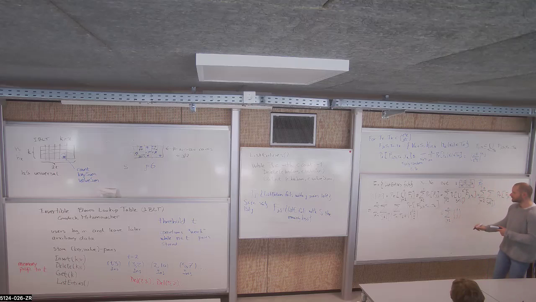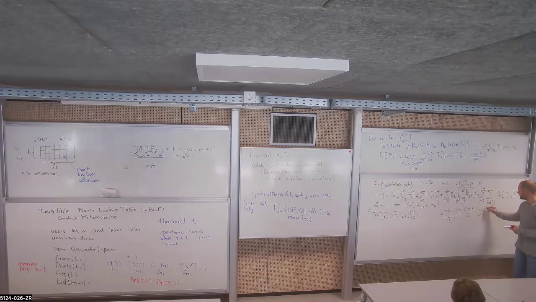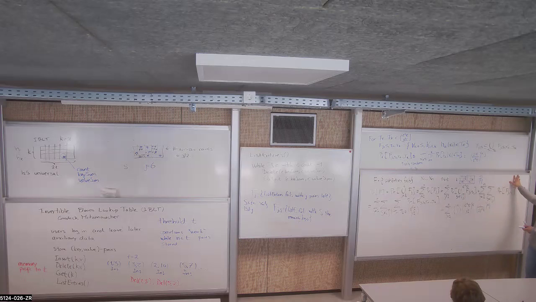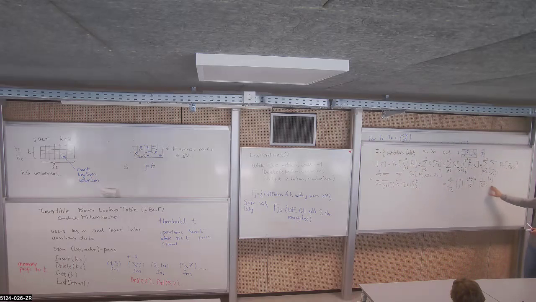The number of choices for t1 to tk, well, for one of them, this is e squared t choose j half, and we have to choose k of them, and then we have this probability in here, k over 2 e squared t to the k. This is our final expression here.